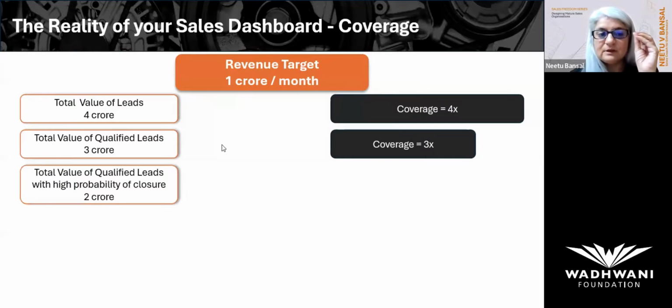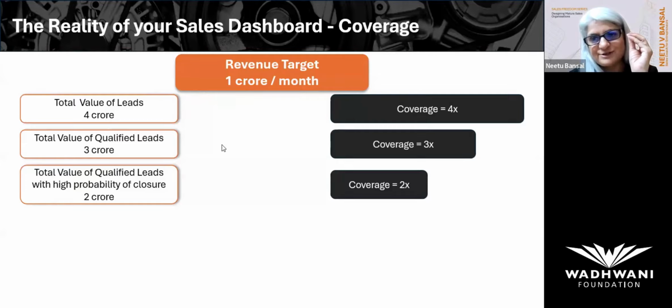Now, if I ask you, out of these 3 crores of qualified leads, the ones which are high probability of closing, that means there's an urgent need, the quality is very good, the competition is absent, the customer already prefers you, so the probability of closing is very, very high. If you have to do that, then it's only 2 crores of them. So now what happened to your coverage? It's become 2x.